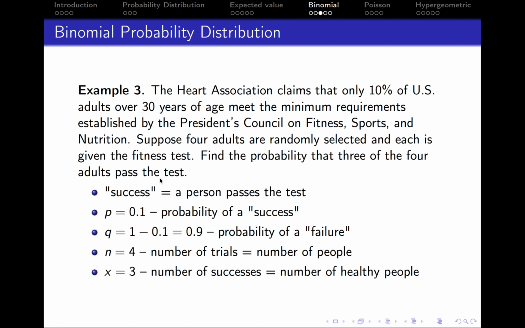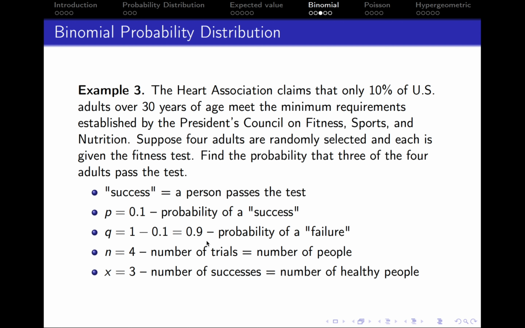So the success in this case is a person passes the test. We know that the person will pass the test if this person is healthy, and the probability that this person is healthy we know is 10%, because only 10% of US adults meet the minimum requirements. So the probability is 0.1. We can immediately calculate Q, which will be 1 minus 0.1, so 0.9.